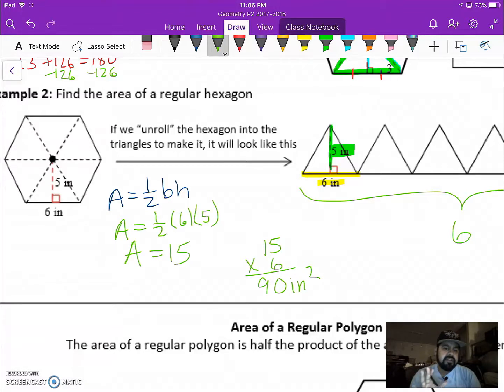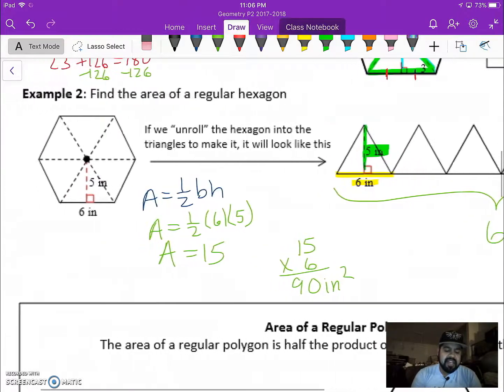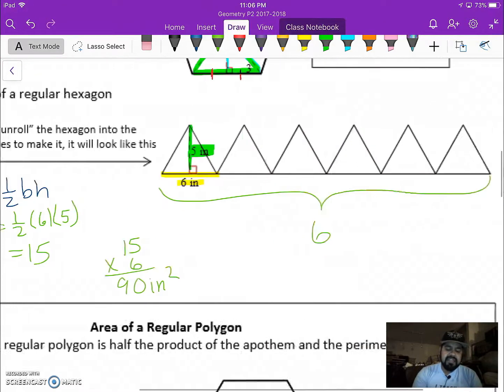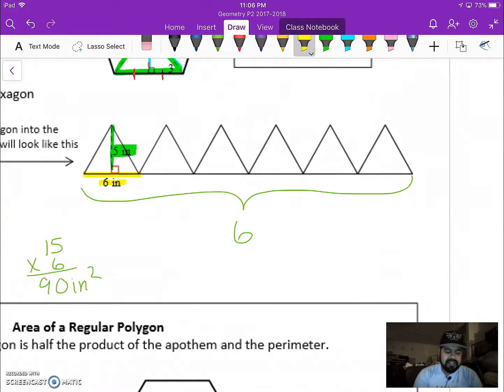Now I want to do a little bit of work here to prove to you and show you the derivation of your new formula for finding the area of regular polygons. So going back to this, notice that that 6 represented one part of the side of your hexagon. Well, if I were to highlight all those bases right there, they would go all the way around my hexagon.